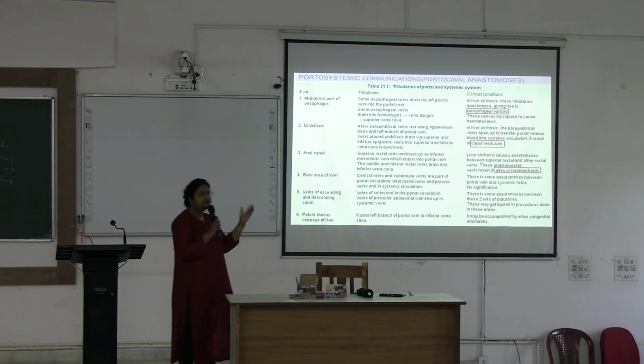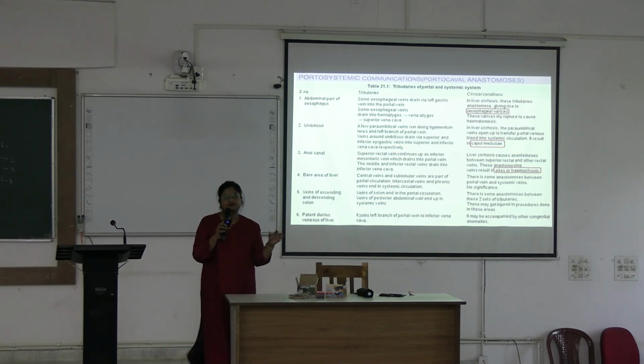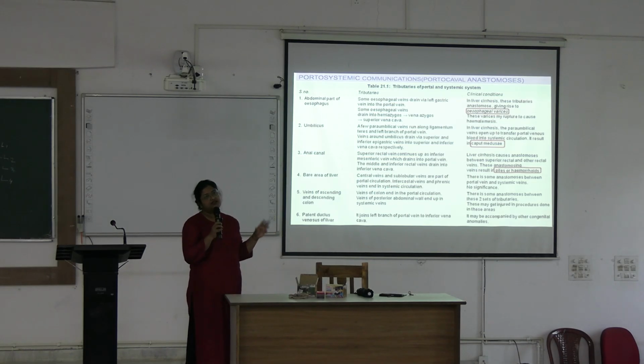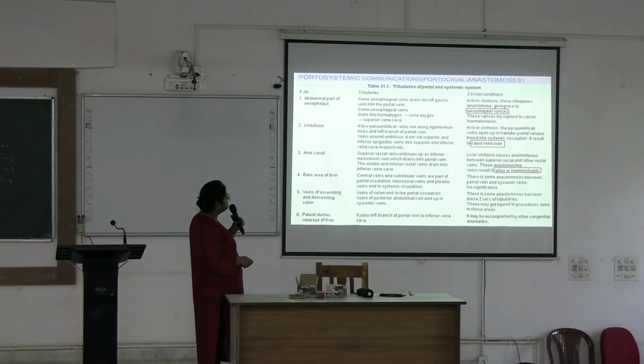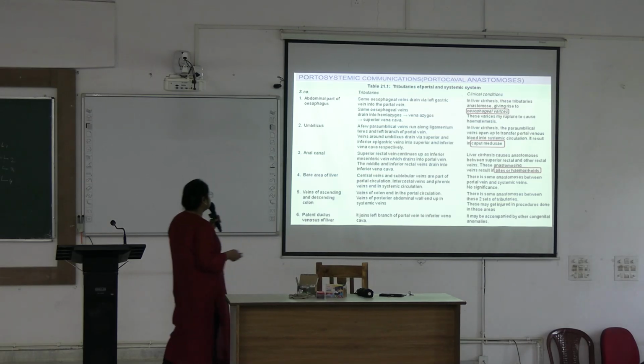Okay, so through the bare area where the Glisson's capsule is absent, portosystemic anastomosis is occurring between the hepatic venous radicals and the phrenic veins. Okay, phrenic veins are going to the diaphragm, draining into the systemic circulation. And there is some anastomosis between the portal vein and systemic vein. No specific significance. Clinical aspect is not present here.